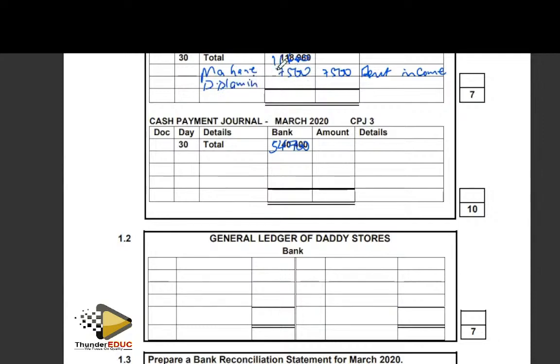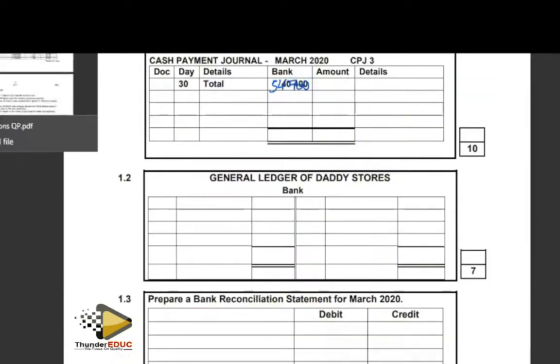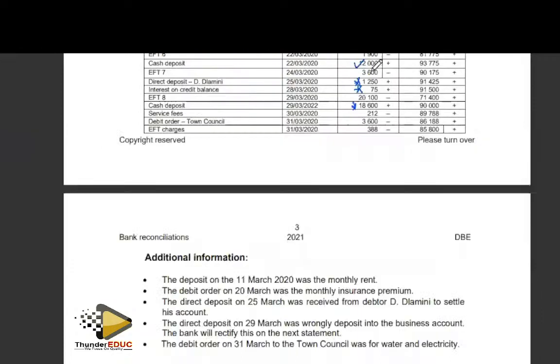He gave us 1,250, and they are saying that this amount was from his debt, so he was settling his debt.